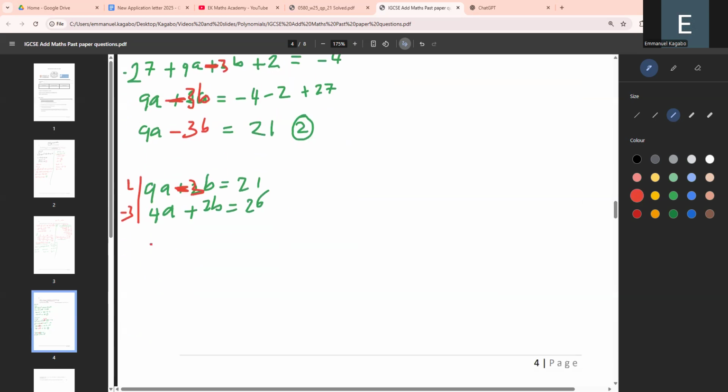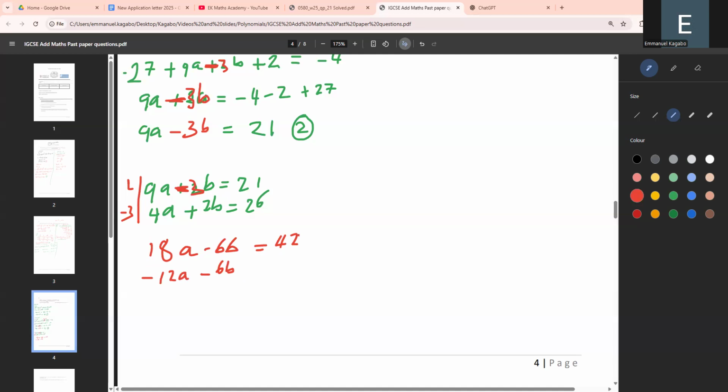Now, it will give me 18a minus 6b equals to 42. What about here? This will give me minus 12a minus 6b.